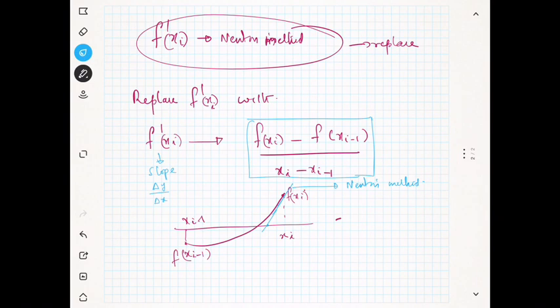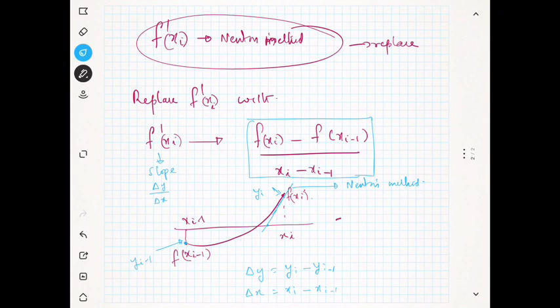Here delta y is y_i minus y_{i-1}, and delta x is x_i minus x_{i-1}.